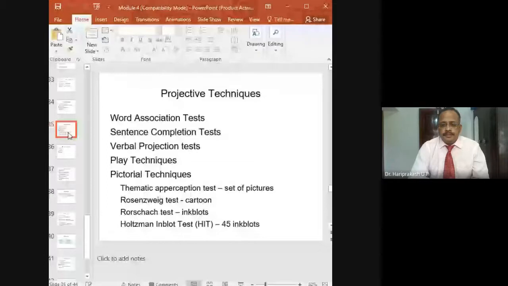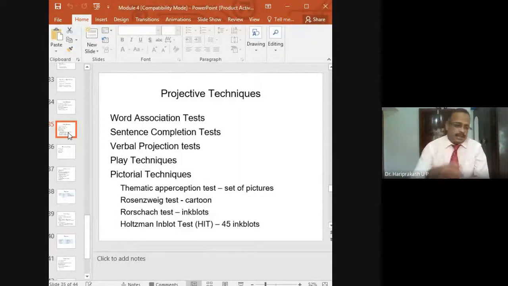Correct. So by that way, they are trying to analyze the individual's personality, in what way he thinks, whether he is optimistic, whether he is pessimistic, what are his intentions, right? Like that. So they are trying to measure these personality traits through such tests. Then verbal projection tests.